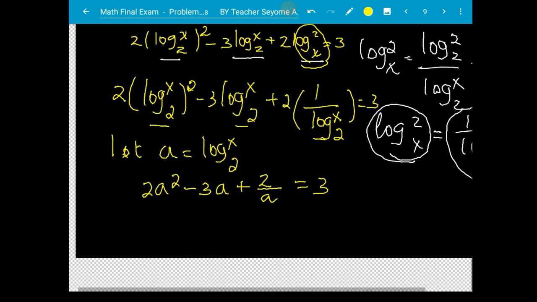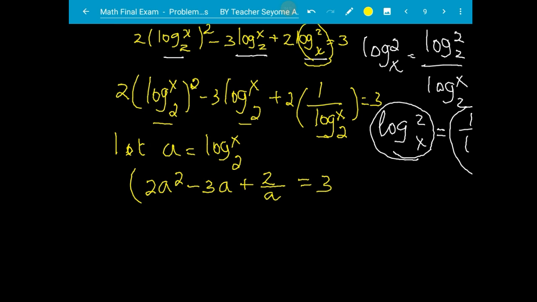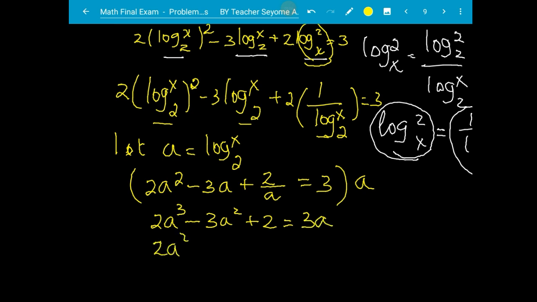Now, multiplying by a, because there is a denominator in a, this equation will become 2a cube minus 3a square plus 2 equal to 3a. Transferring from the right side to the left side it becomes negative: 2a cube minus 3a square minus 3a plus 2 equal to 0.